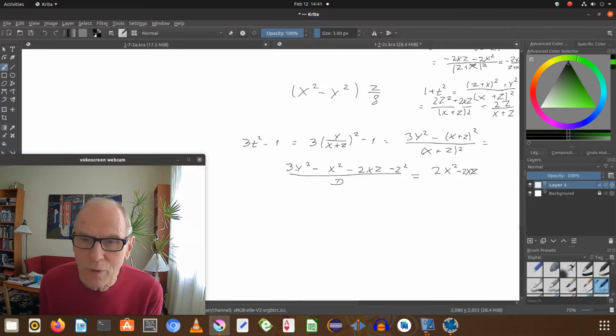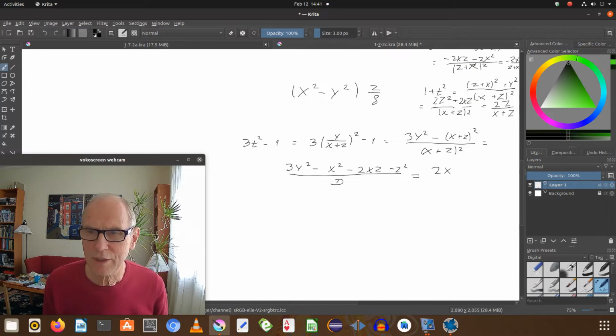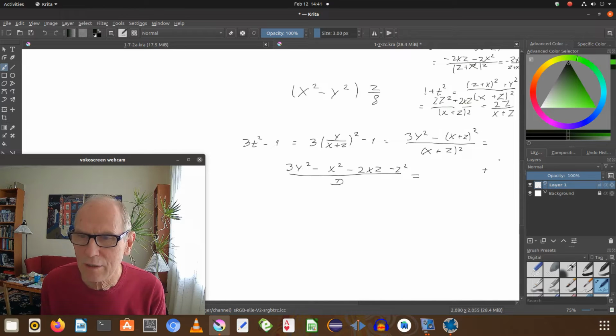Now, y is, so it's 3, we'll just get rid of all this. So it's 3z squared, that gives 2z squared. And then minus x squared, so that's minus 4x squared.